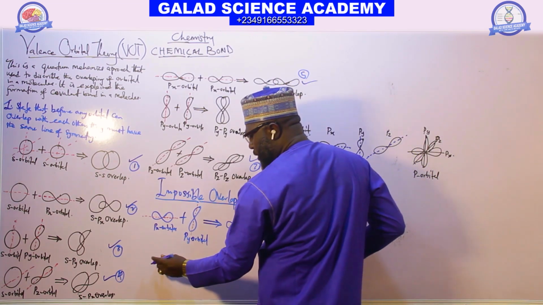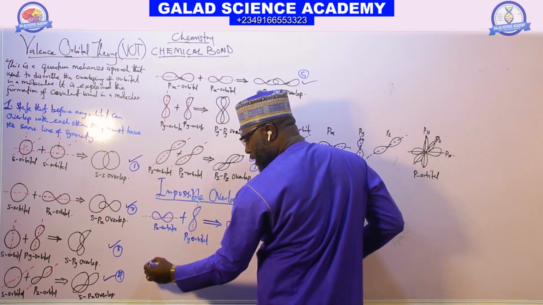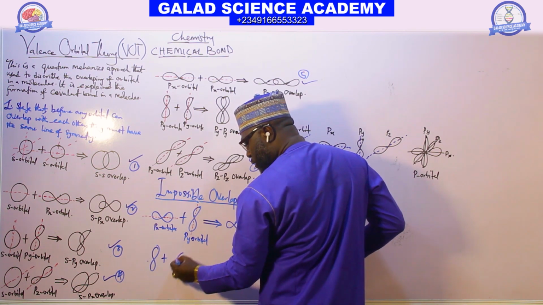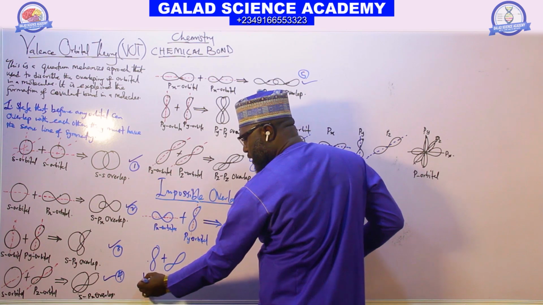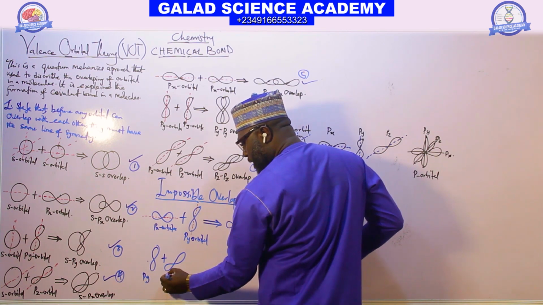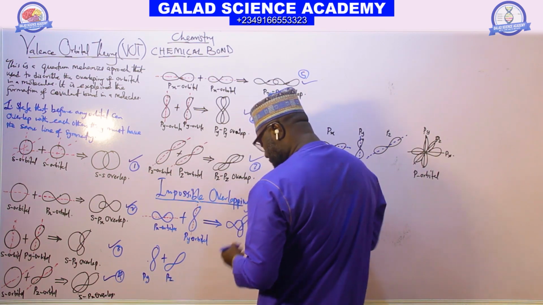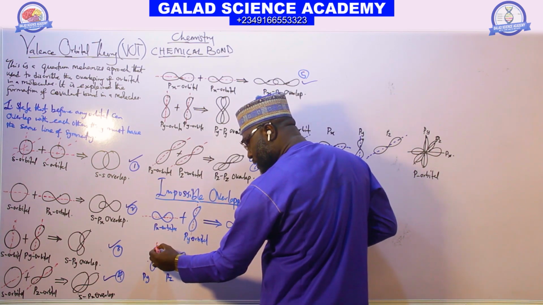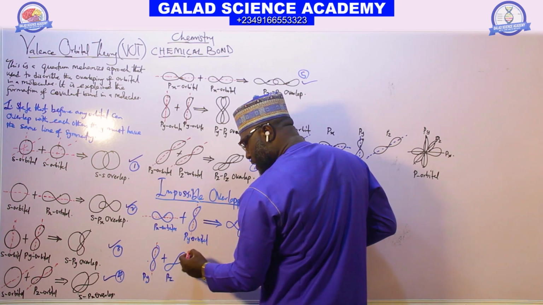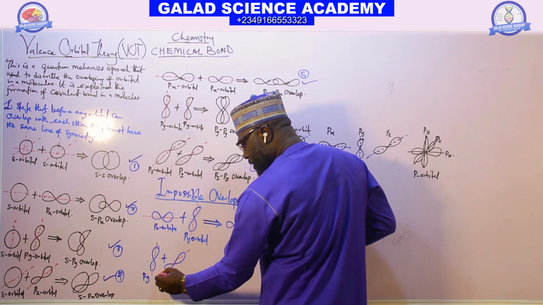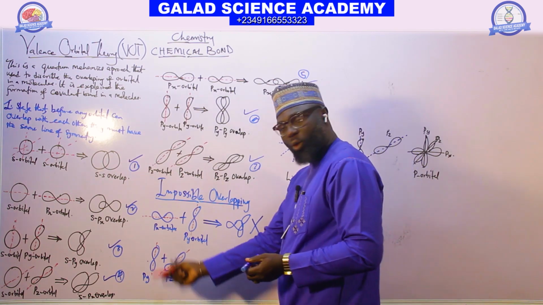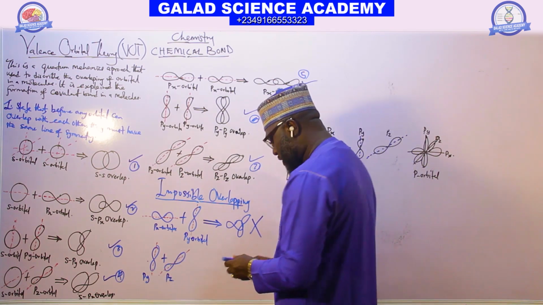Or if you say we have it in this form, overlap with this. This is the Py and Pz. The line of symmetry for this Py is this, and for this is this. You can see that their lines of symmetry are not the same. One bend, one straight.